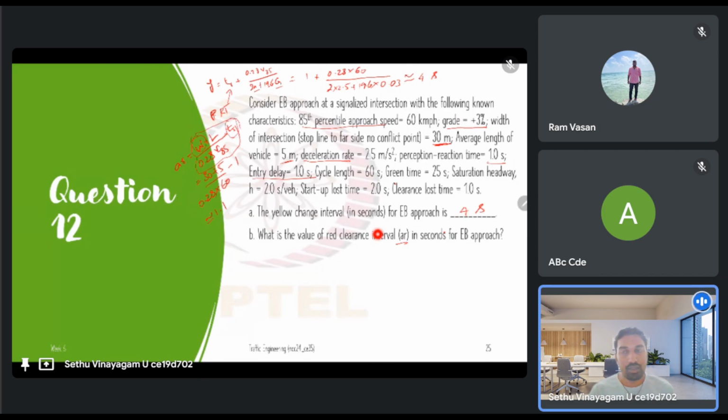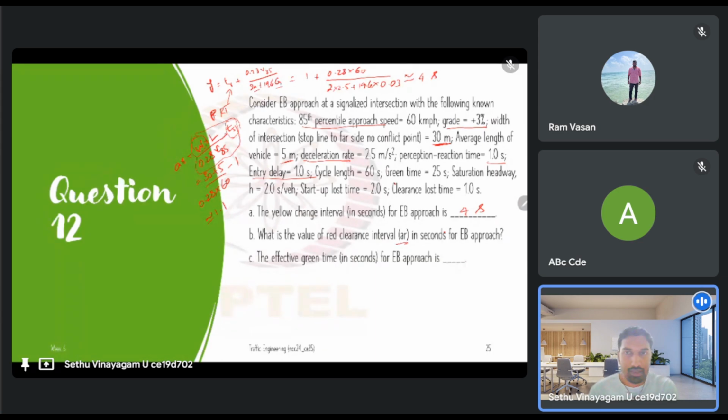Typically it will be in the 1 to 2 second range. It won't vary beyond this, but it can if your design speeds are different. So the typical range you can say is 1 to 2 seconds.